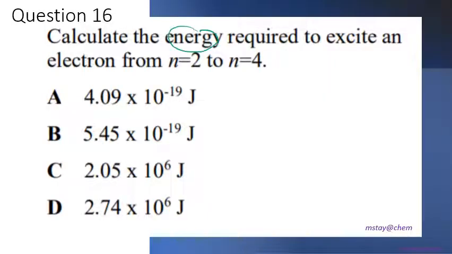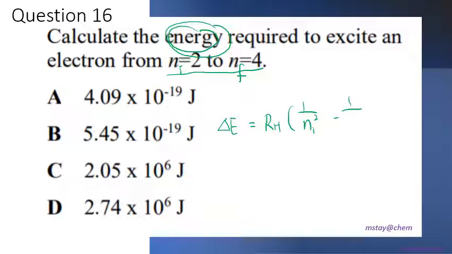Calculate the energy required to excite an electron from n equal to 2 to n equal to 4. From this statement, we know that n initial is 2 while n final is 4. If we want to determine the energy, then we are going to use the formula delta E equals R_H times 1 over n initial squared minus 1 over n final squared.